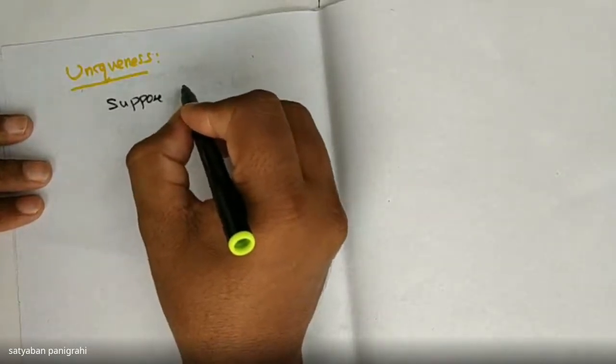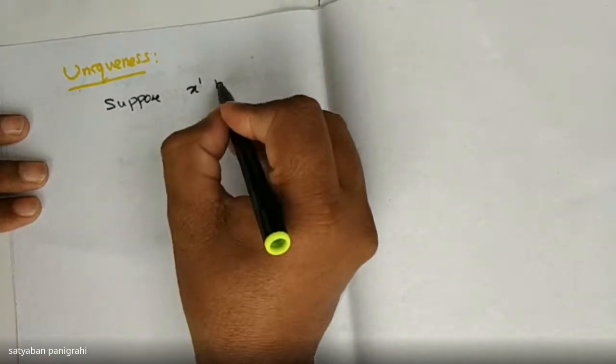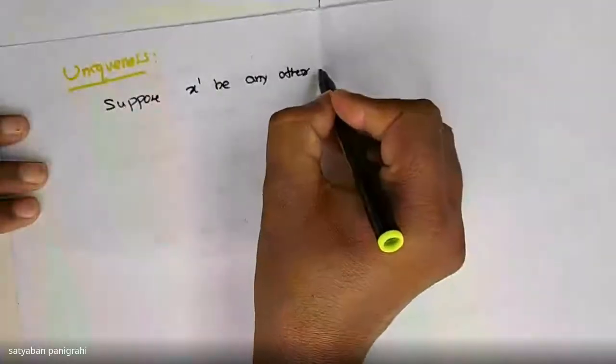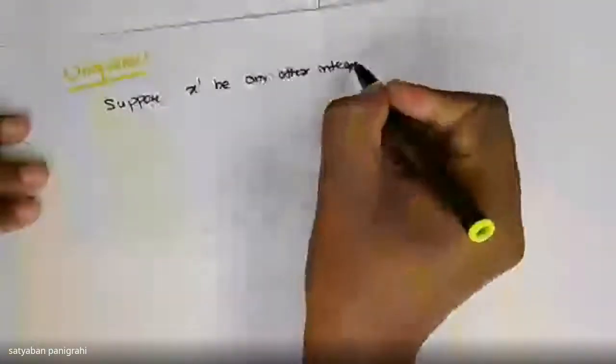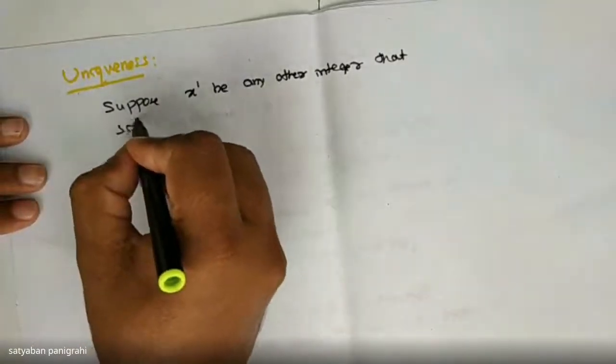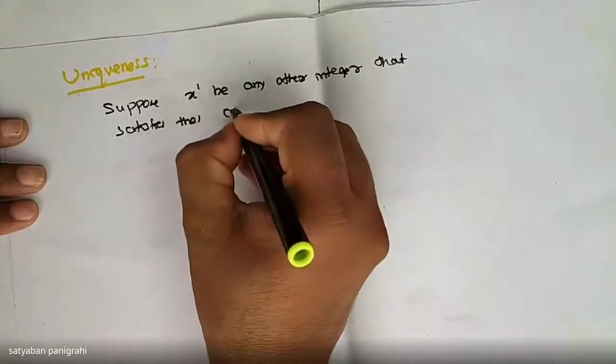Suppose there exists another solution x dash, be any other integer that satisfies this congruence.